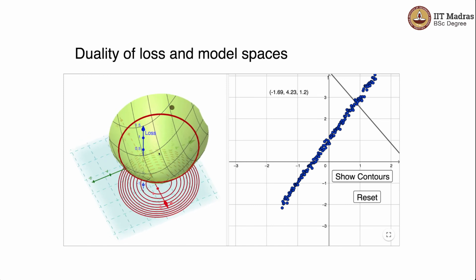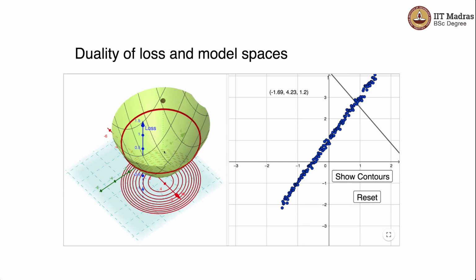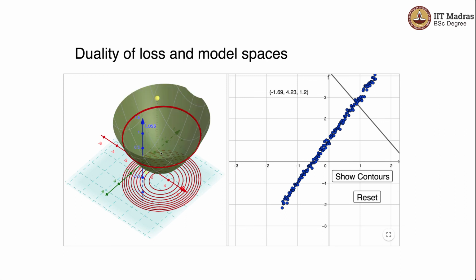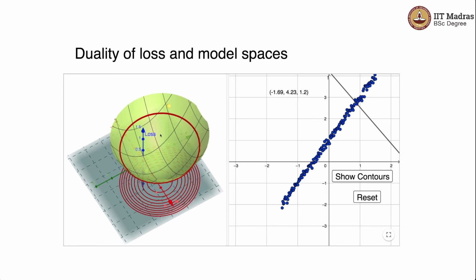I would strongly recommend you play with this visualization. This will help you get more clarity about the duality between loss and model spaces. This is a very important concept. You should remember that a model is merely a point on the loss surface, right?